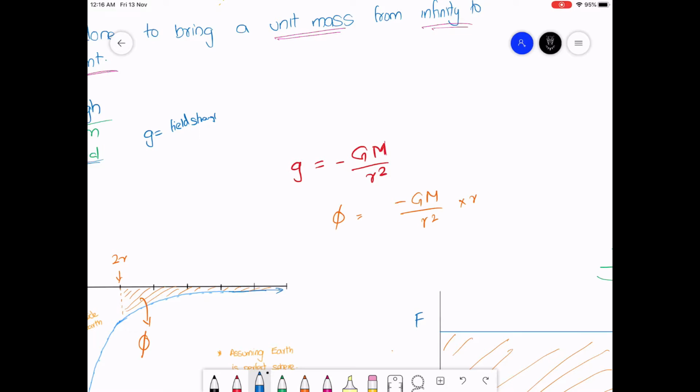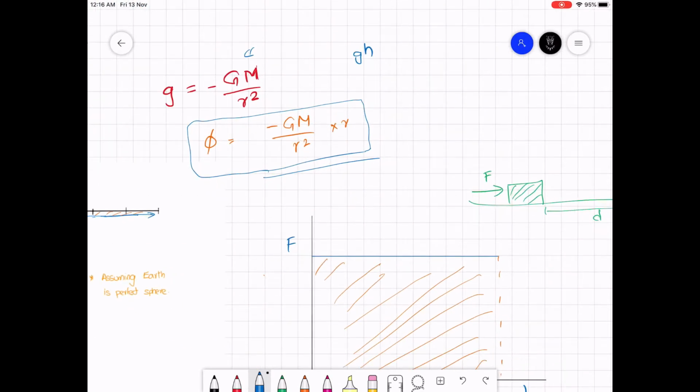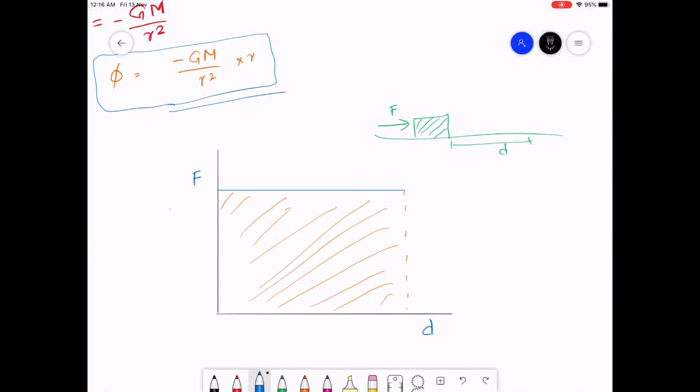So phi is just gh. This right here is g. So if we multiply it by r, we get phi. Now this is a helpful idea, but it's not mathematically accurate. But let's go on with graphs, because that will give us the right mathematical idea.